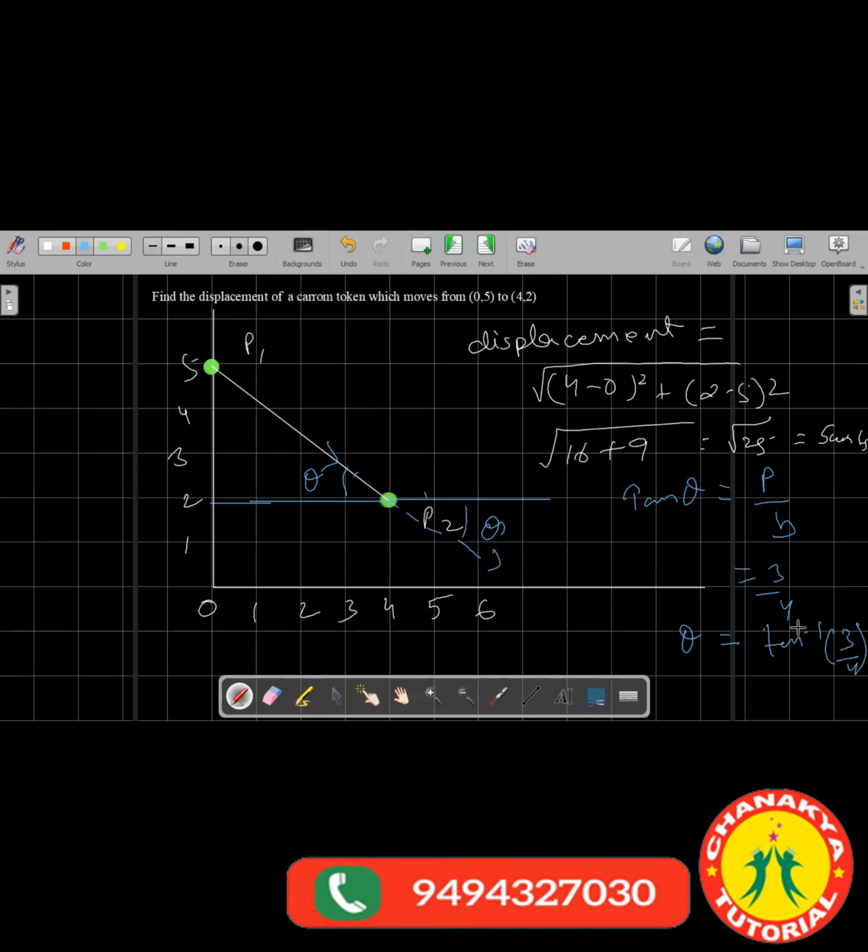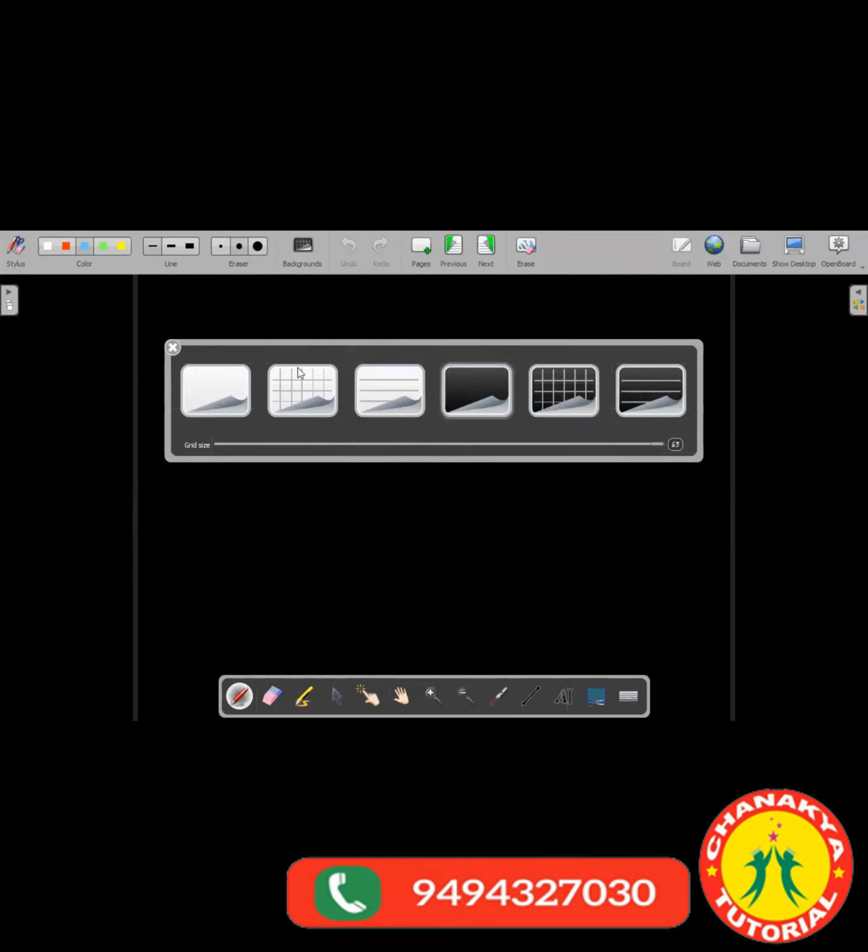But see, the angle over here has to be a negative angle. Regarding angle measurement, suppose we take these coordinates and a rotating vector.